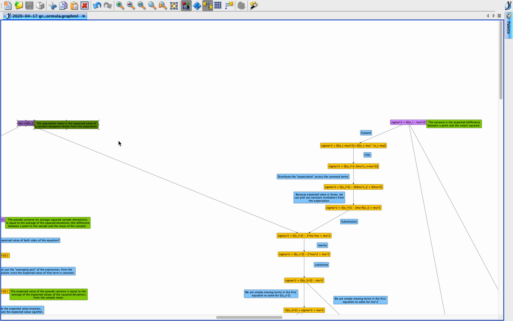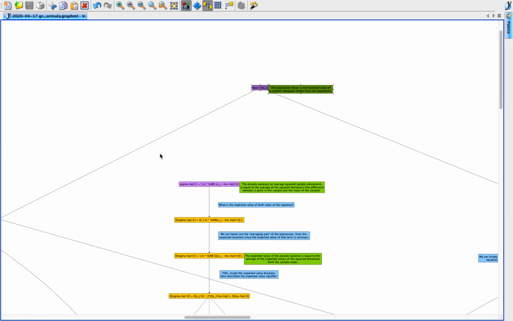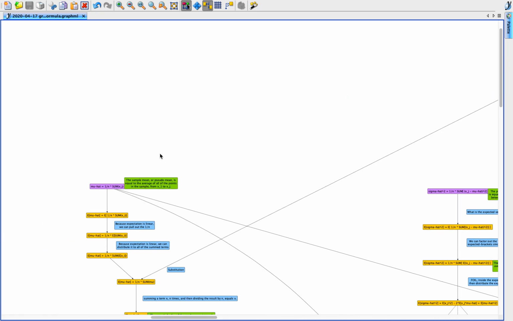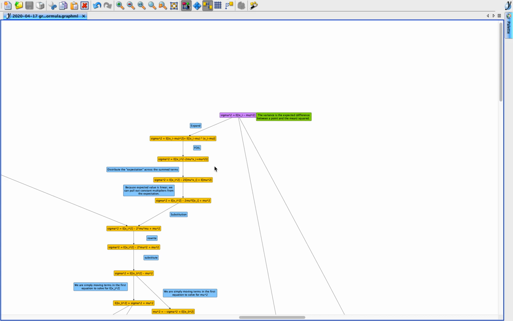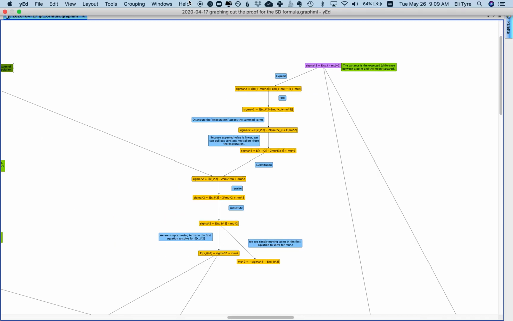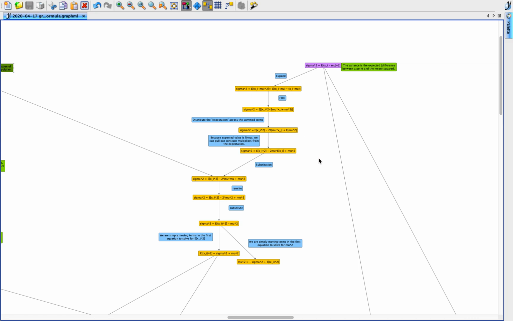Those are the two definitions that we're starting with. The next thing we're going to do is follow this branch. What is happening in this branch?